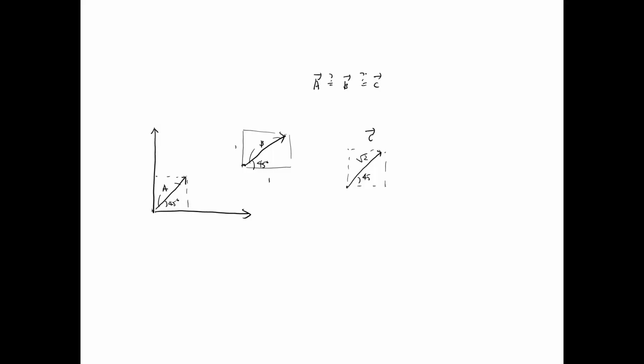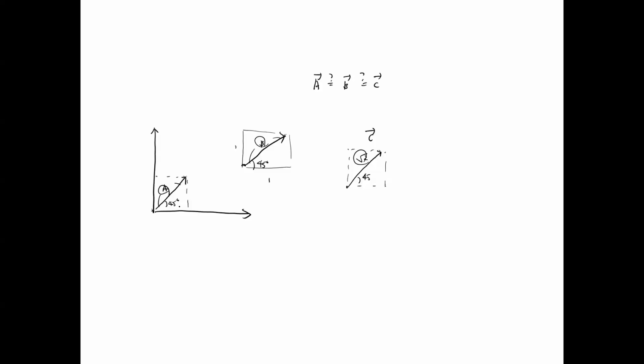And then the answer is yes. Vectors A, B, and C are the same. Whenever you describe a vector, you describe two quantities of each vector. The length: vector A length root 2, vector B length root 2, vector C length root 2.